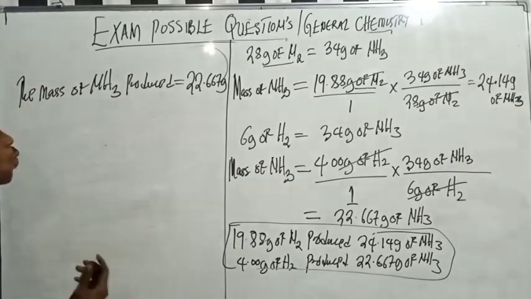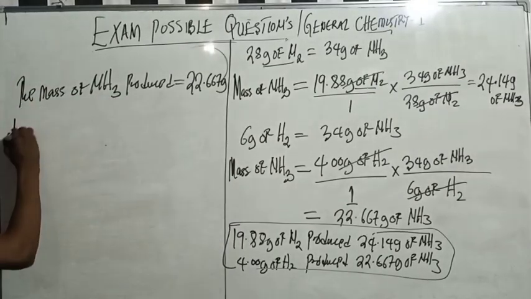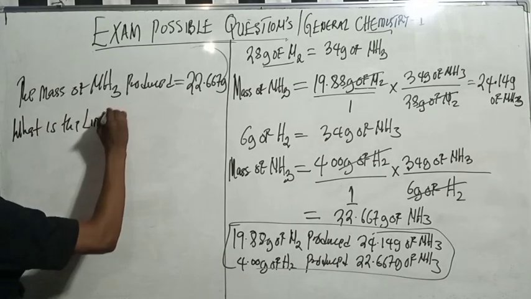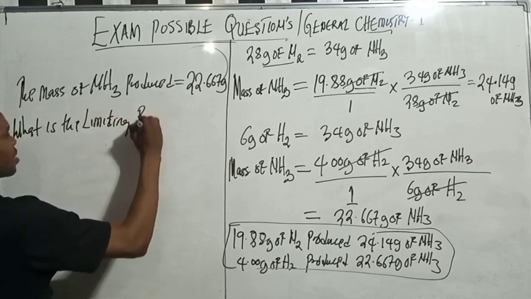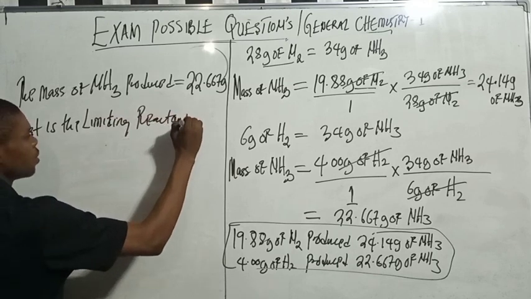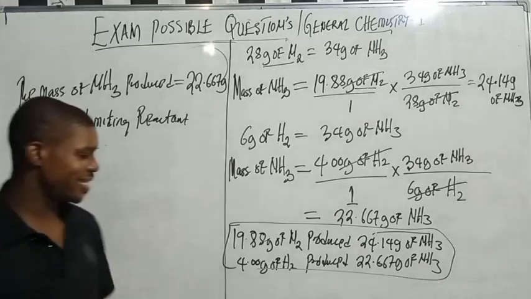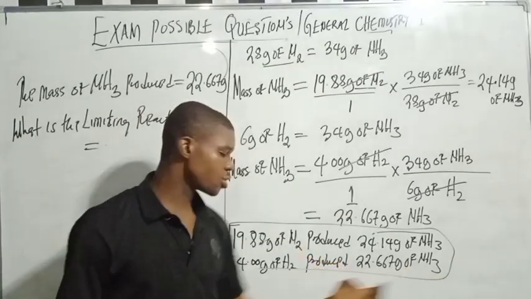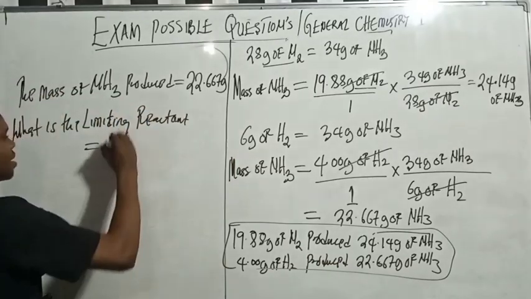If they ask now, what is the limiting reactant? The limiting reactant is the reactant that produces the least amount of the product. So the limiting reactant is H2.